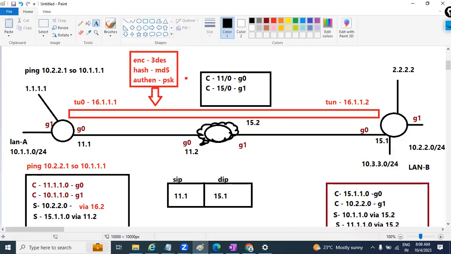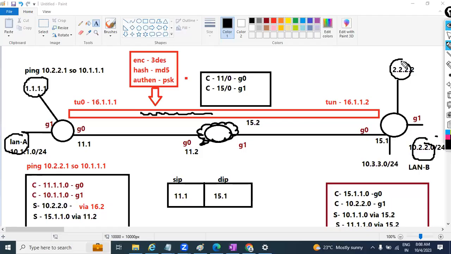The condition is that if there is any communication between LAN A and LAN B, then only it should be secure. But the LANs behind the same site should not be protected; that can travel via the ISP. I don't worry about that.